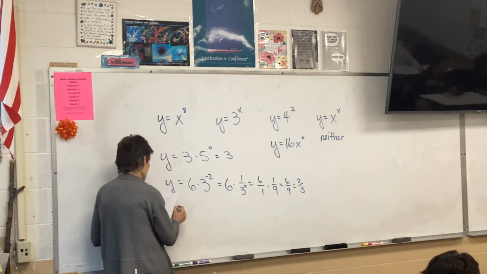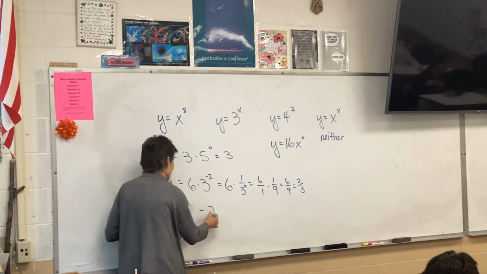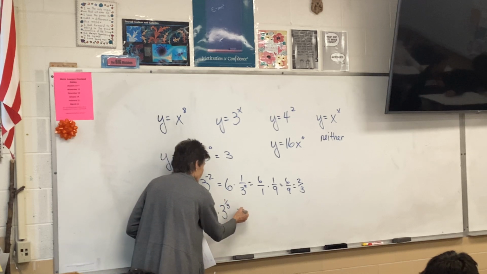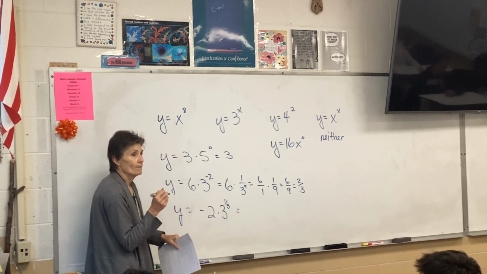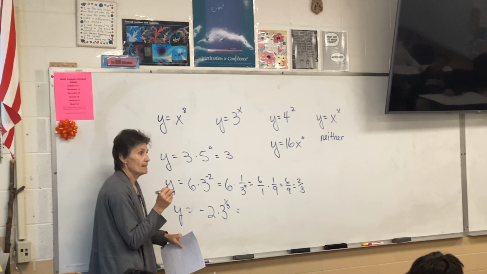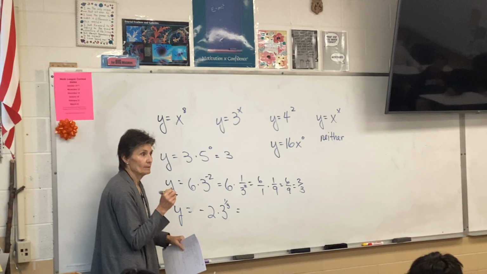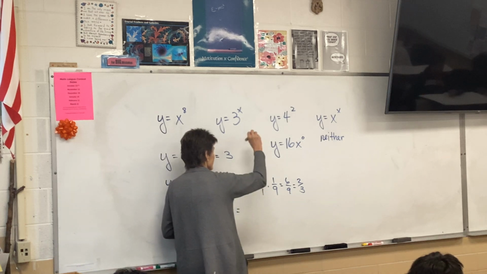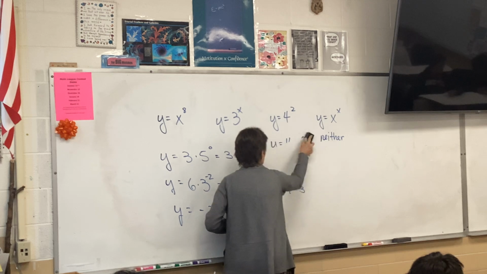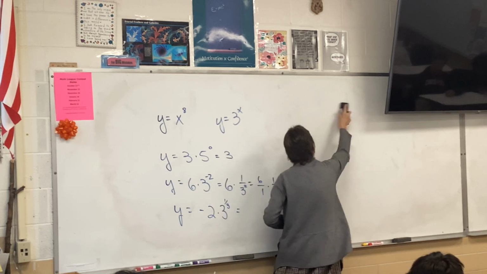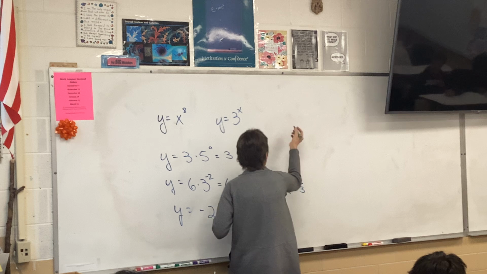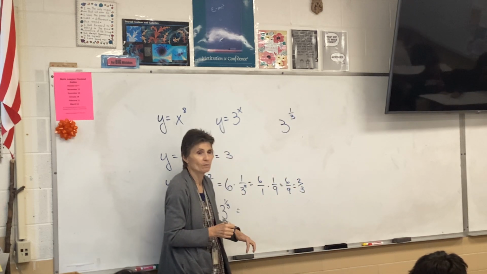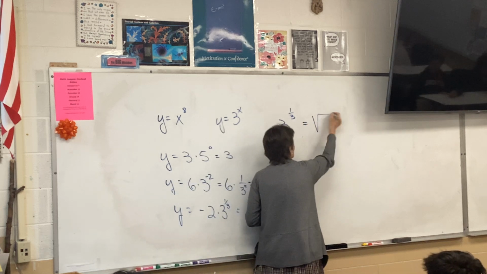All right. C. Y equals negative 2 times 3 to the 1/3. All right, now this is a little tricky. That's a radical, that's right. So Elijah says that anytime you have a fractional exponent, you have a radical.